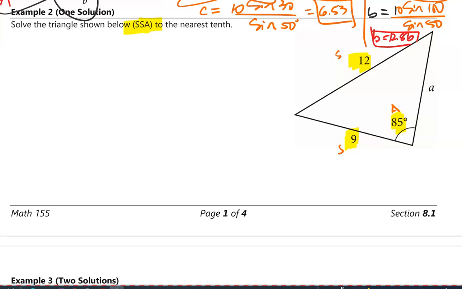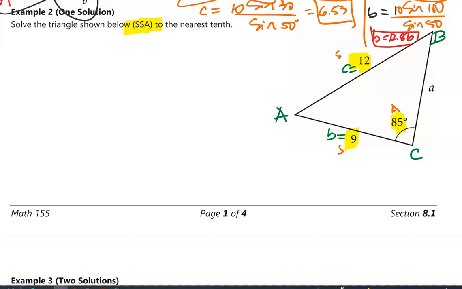If we have this as side A, this is going to be angle A. Let's say this is angle B, so this is side B. And this is angle C, so this is side C, which is equal to 12.